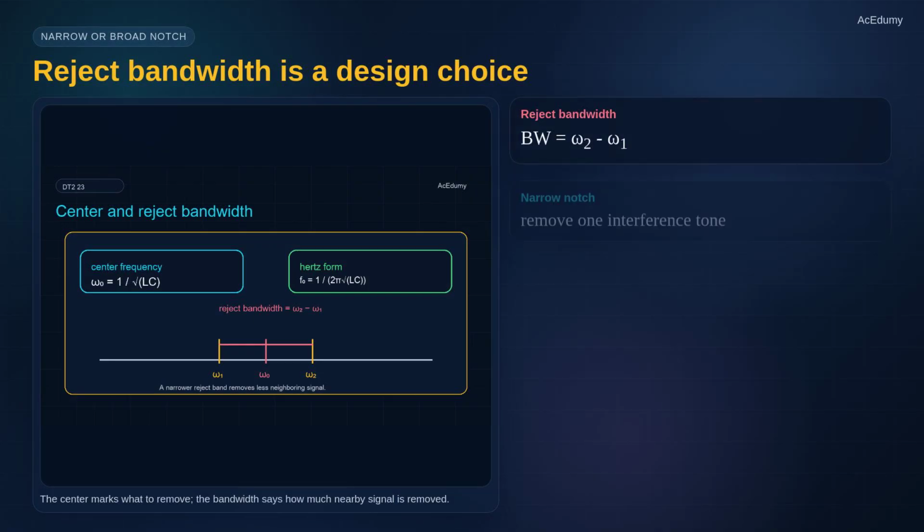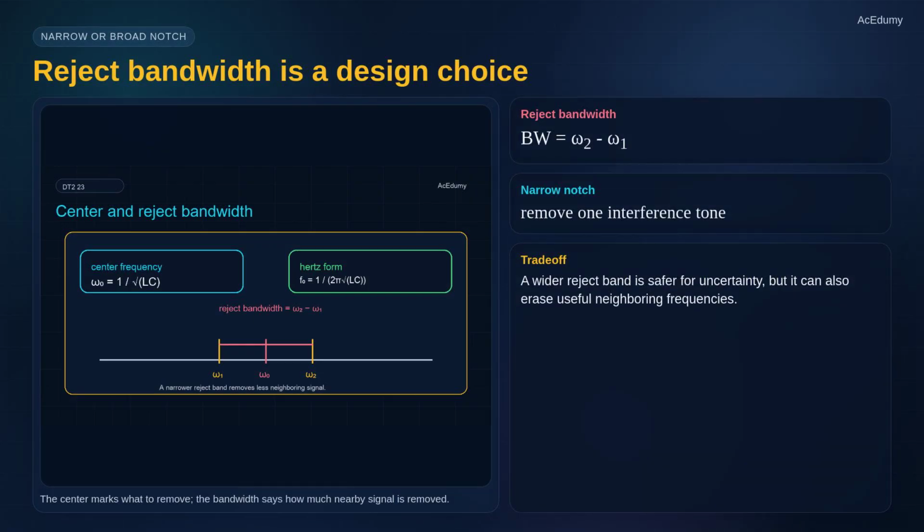The reject bandwidth is ω2 minus ω1. A narrow notch removes a very specific interference tone, like hum or a switching spur. A wider reject band removes more neighboring content. That can be useful, but it can also damage signals close to the unwanted frequency.